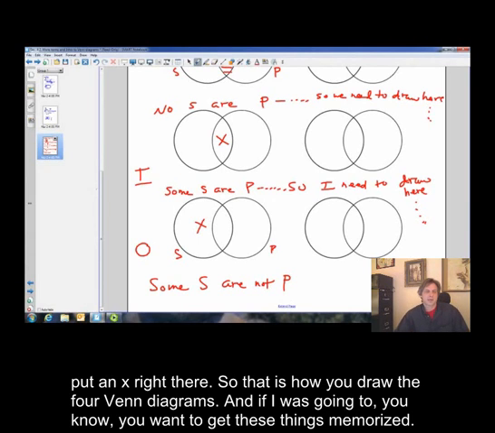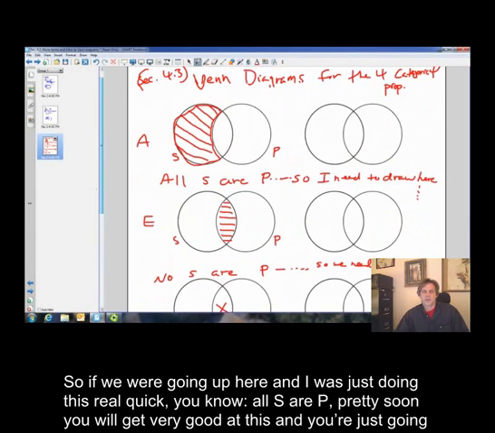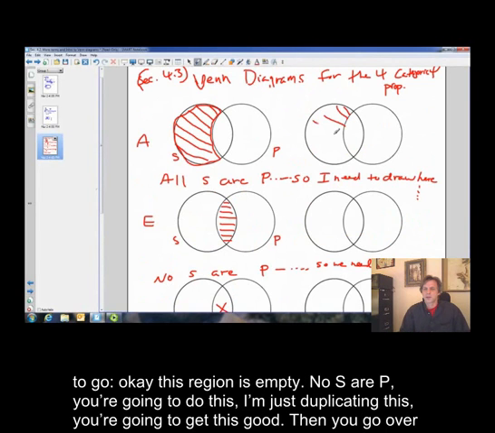And if you want to get these things memorized, if we were going up here and I was just doing this real quick, all S are P, pretty soon you will get very good at this, and you're just going to go, okay, this region is empty. Okay, no S are P, you're going to do this. I'm just duplicating this.